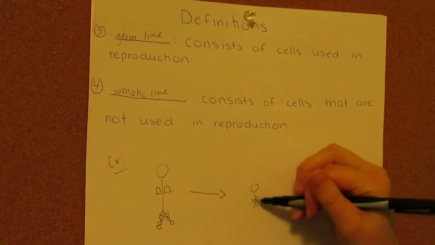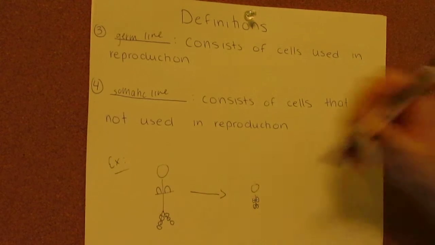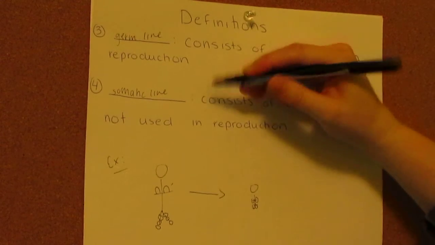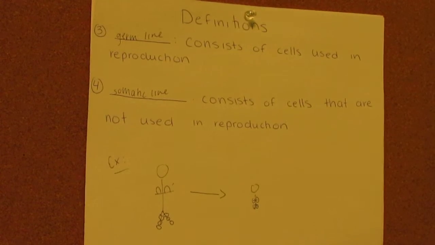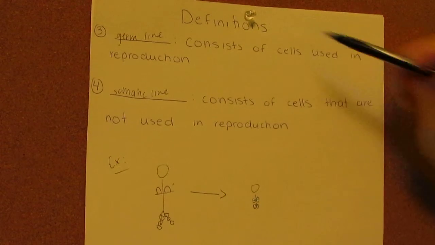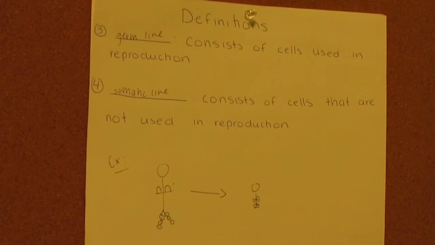It will not be born with big muscles, because the genes that code for these muscles are in the somatic line, which are not passed on. So only genes that are in cells in the germline are passed on to offspring.